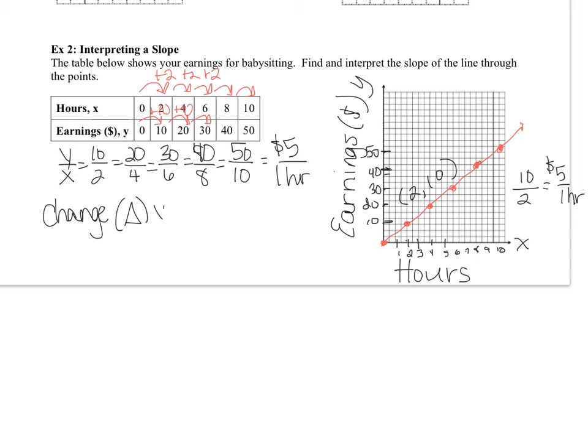So change in y, well, my change in every y value was 10. It was going up 10, up 10, up 10. So my change in y is 10, and the change in x, well, my x value went up 2 every time, so 10/2.